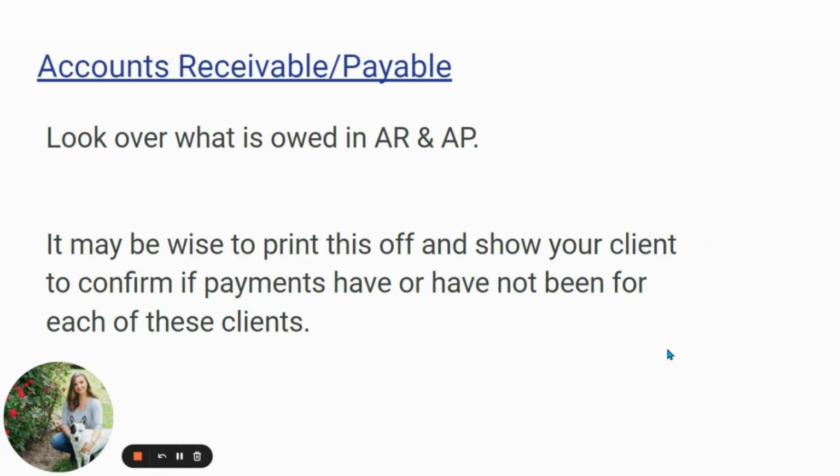It may not be that drastic, but I have actually seen clients that didn't pay, and the person who was supposed to be taking care of their accounts payable didn't, for whatever reason. It went beyond the point of no return, debt collectors got involved, and a $16,000 bill went up to a $22,000 bill. So you want to make sure that your clients are not having to take the hit for that. So make sure that all this information is correct.